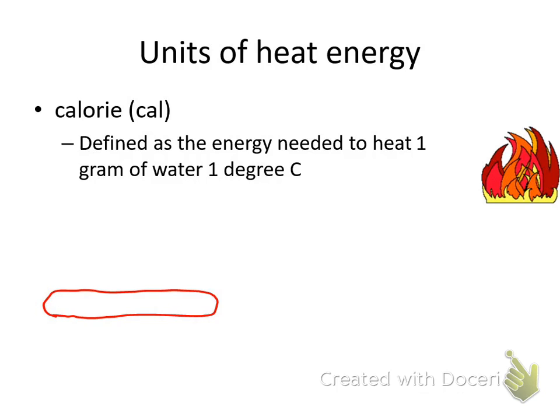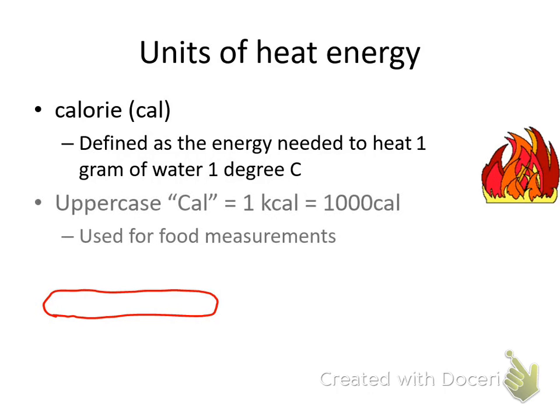You may have heard of calories before. When you eat something, there's usually a nutrition label. Those are actually similar to calories, but actually they're not the same. What do I mean by that? Well, there's another kind of calorie that has an uppercase C. It's also called calorie, but it's actually 1 kilocalorie, or 1,000 lowercase calories.